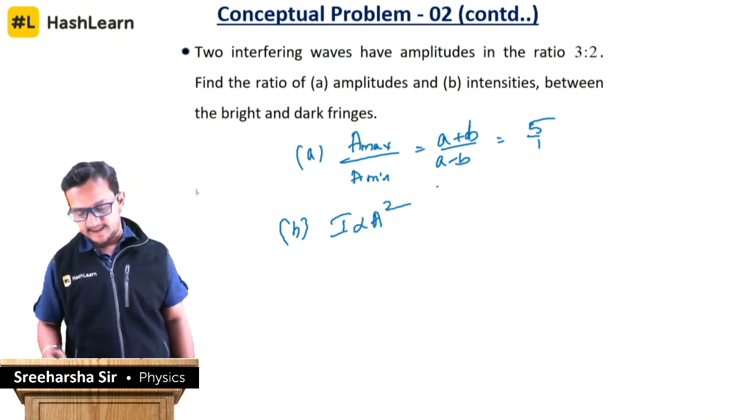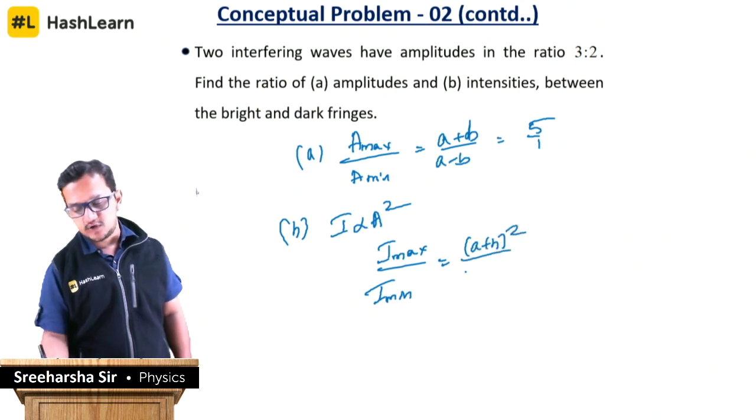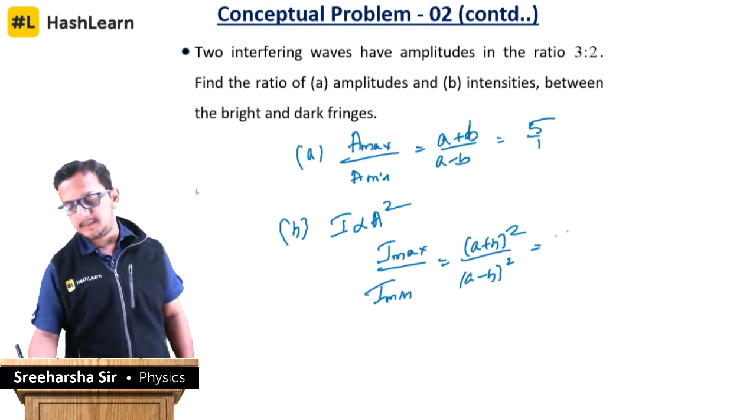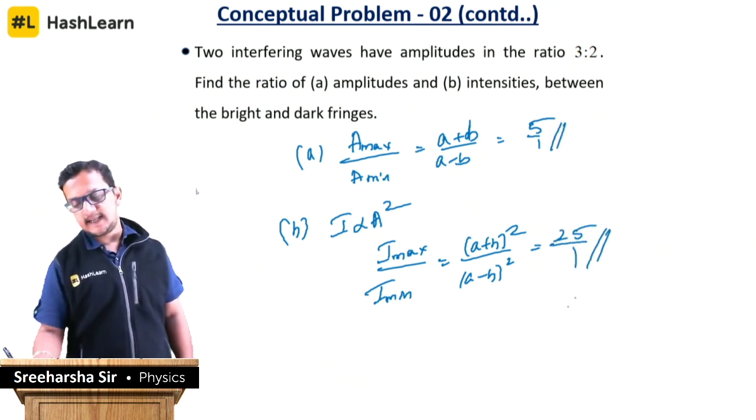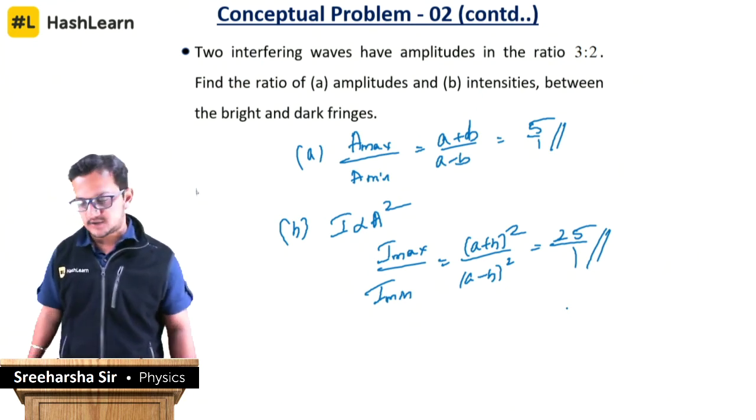This you have learnt in your waves. So I max by I min is equal to a plus b the whole square by a minus b the whole square, which will be equal to 25:1. The answer for A is 5:1 and the answer for B is 25:1.